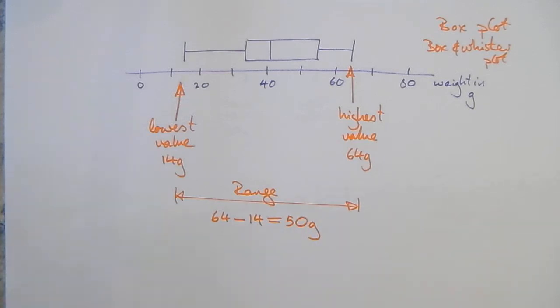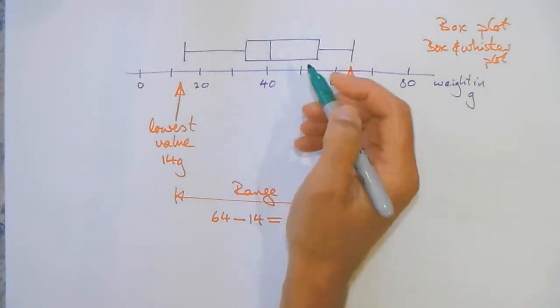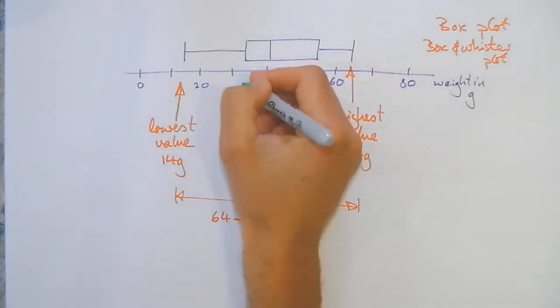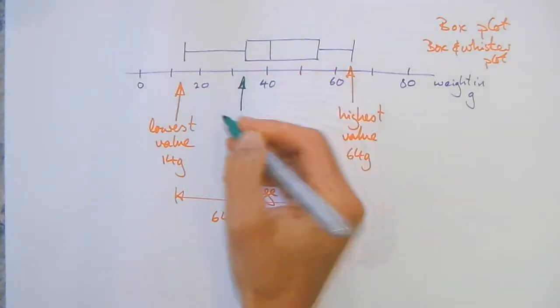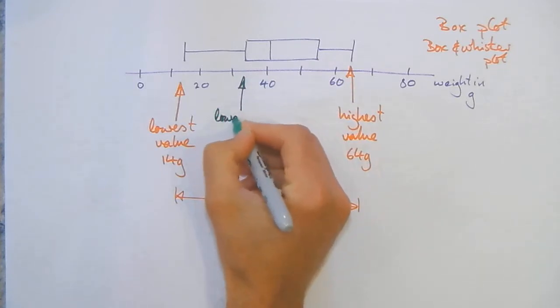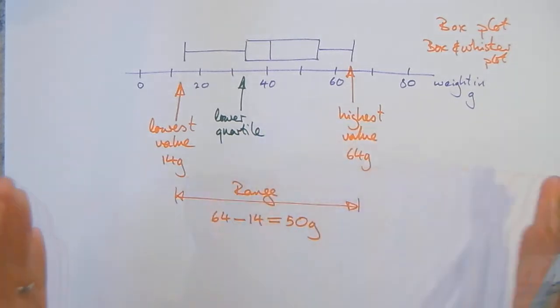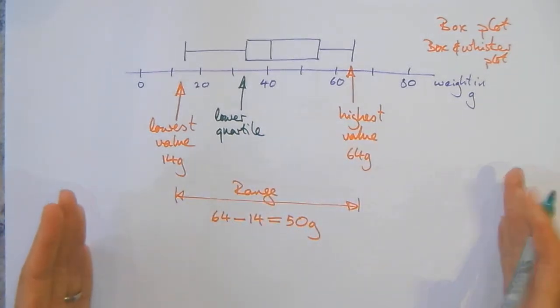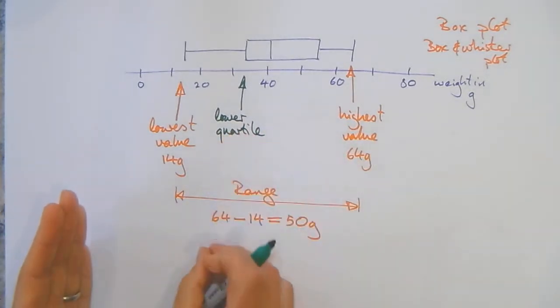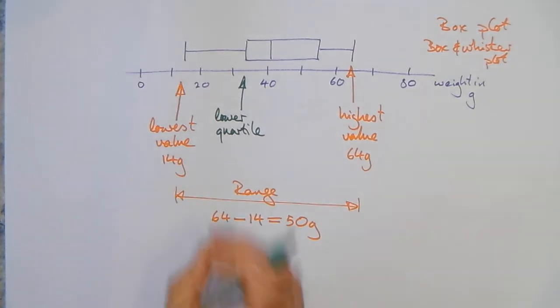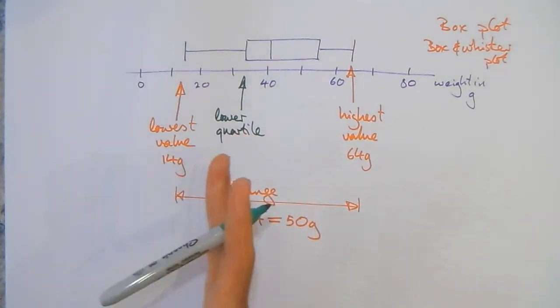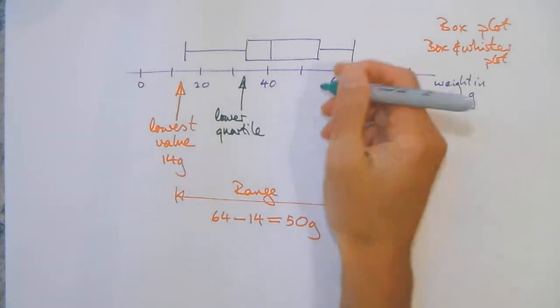Right, so what does the box part tell us? Well, this value tells us the lower quartile. If you had 100 values in your sample, the lower quartile is the 25th value, the value which would be 1/4 of the way in.